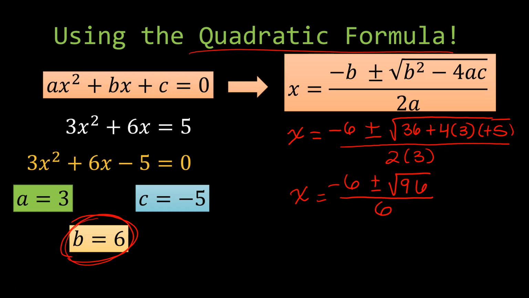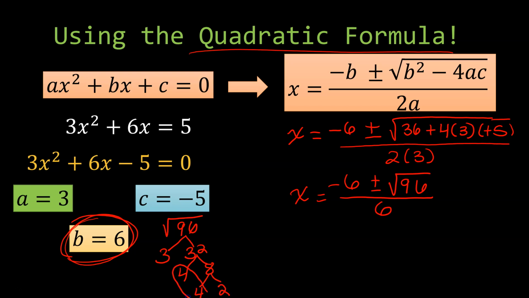Then we got to go and reduce the square root of 96. So the square root of 96, well, I see 3 multiplied by 32 will give me 96. 32 is 4 times 8, and 8 is 4 times 2.